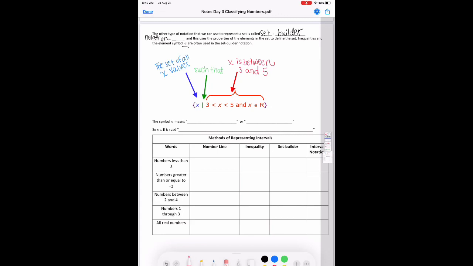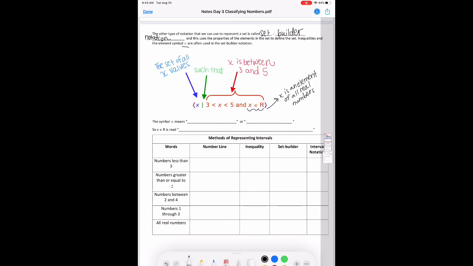Okay, and then this guy on the very edge over here, that means that x is an element of all real numbers. Okay, so that capital R is all real numbers. We don't usually write that.